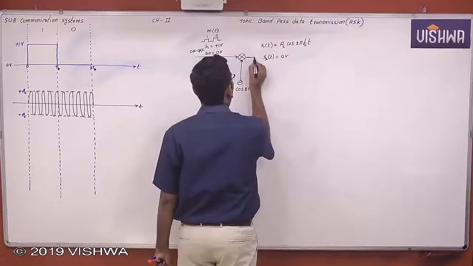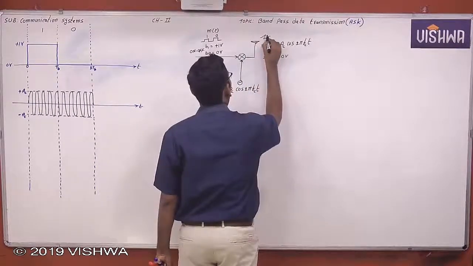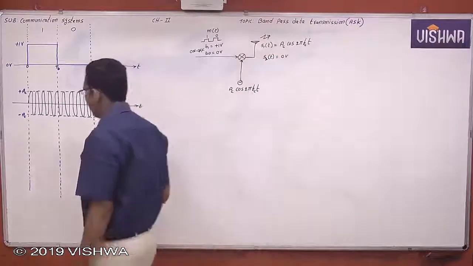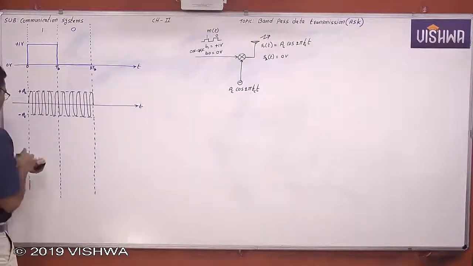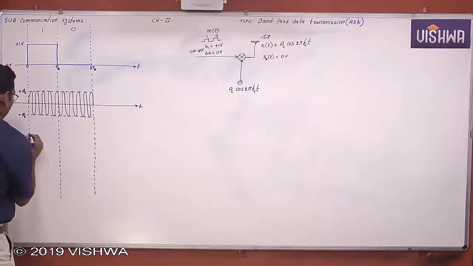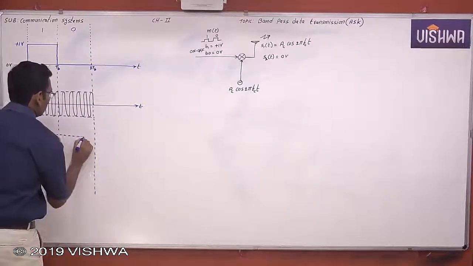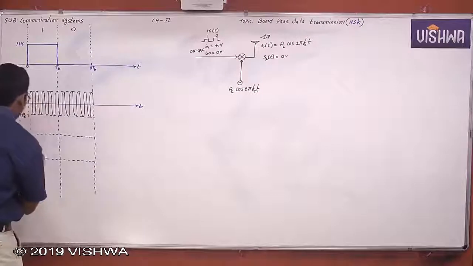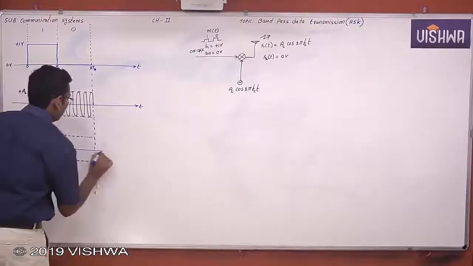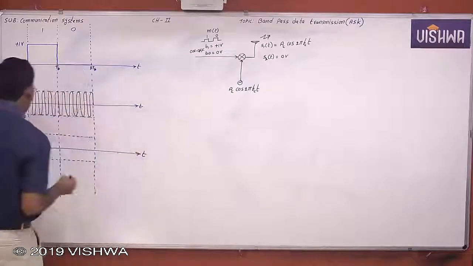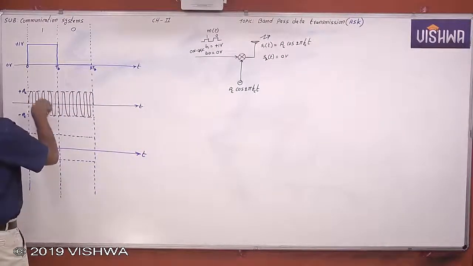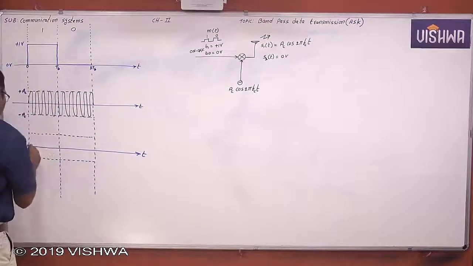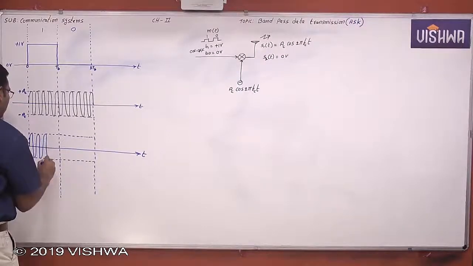So this is the modulated signal. Now AC cos 2 pi FC t multiplied with plus 1 volt gives AC cos 2 pi FC t.